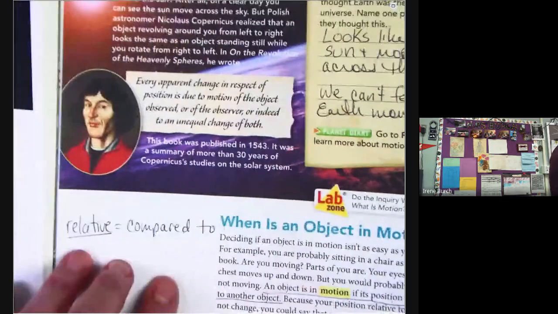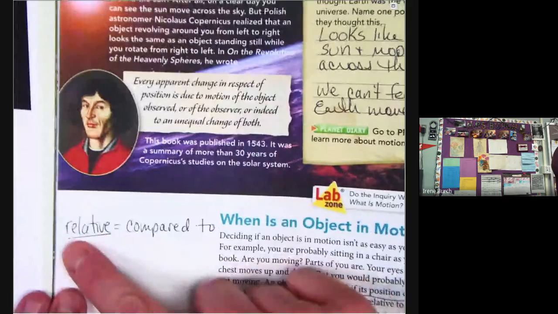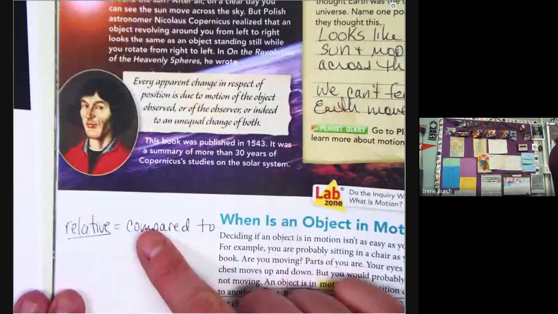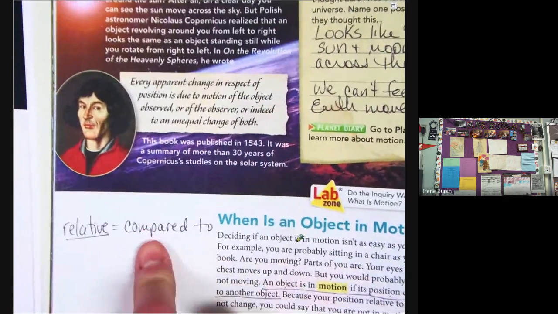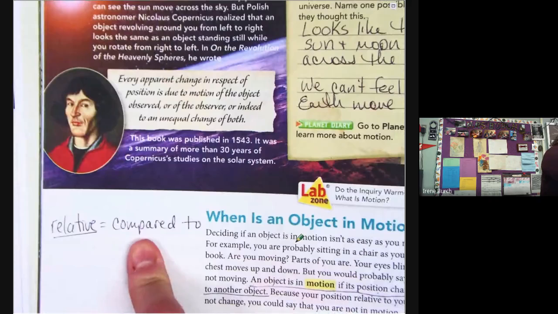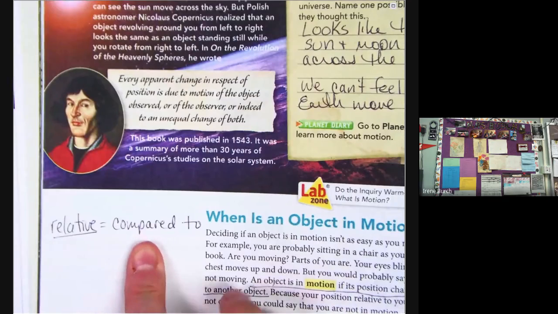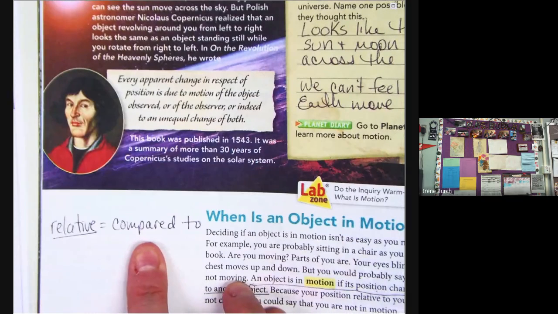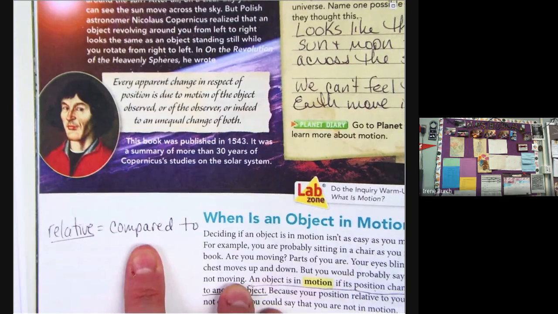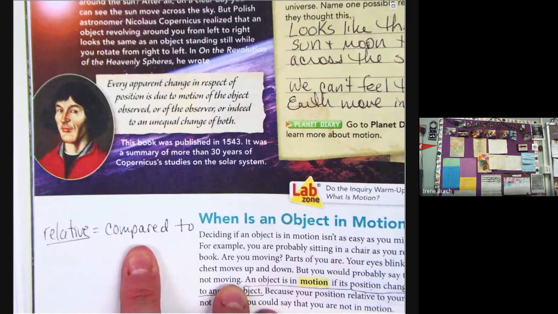What I would like for you guys to write in your book is relative means compared. So when they use the word relative, they don't mean like your brother, your sister, your cousin. Yeah, those are relationships. But the way that we find those relationships is the same. We're going to compare two things to each other.